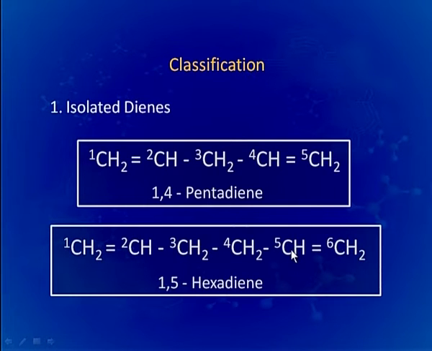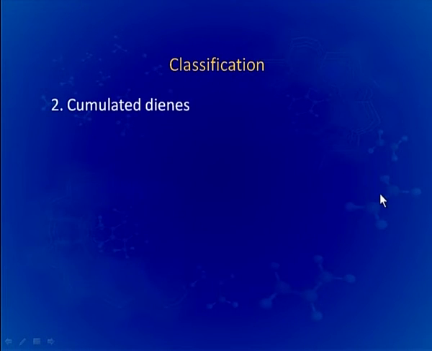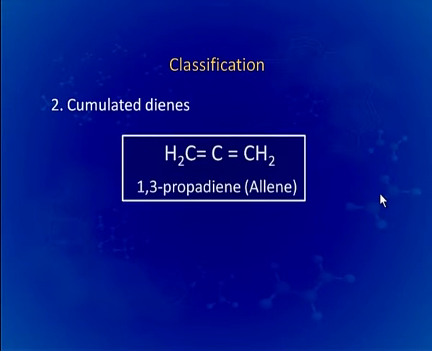Here also we can see their nomenclature, 1 for this and then 4 for the second double bond, and then there are a total of 5 carbon atoms, and hence the name will be 1,4-pentadiene.